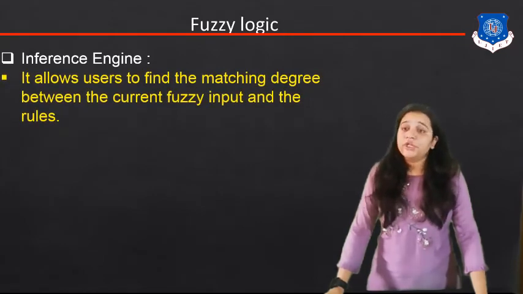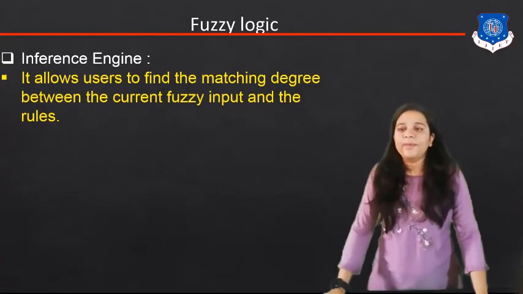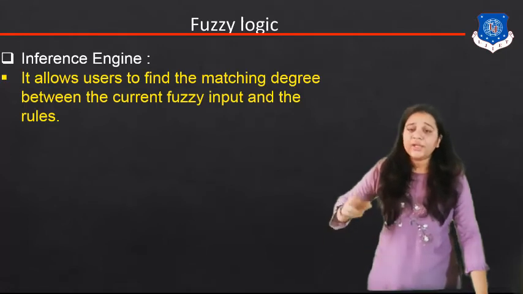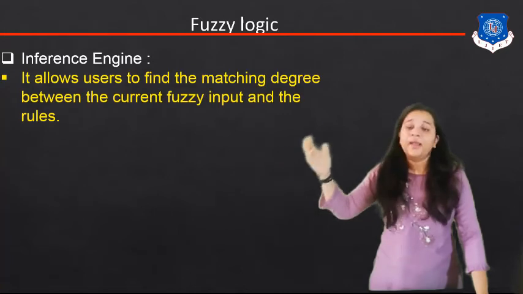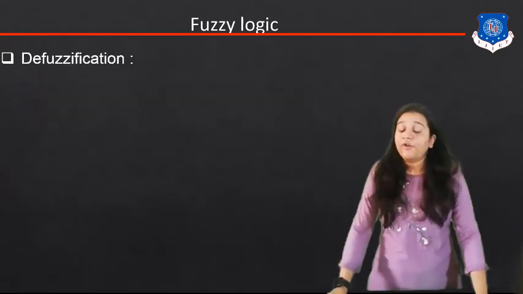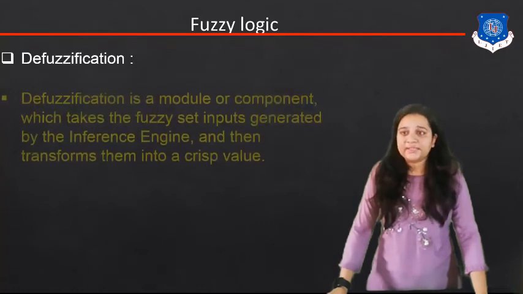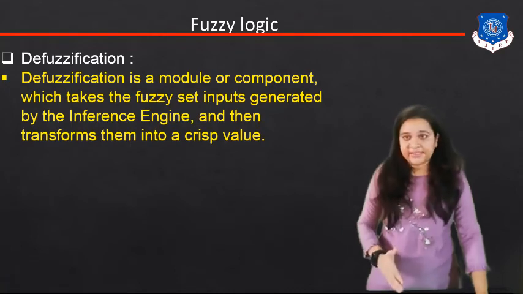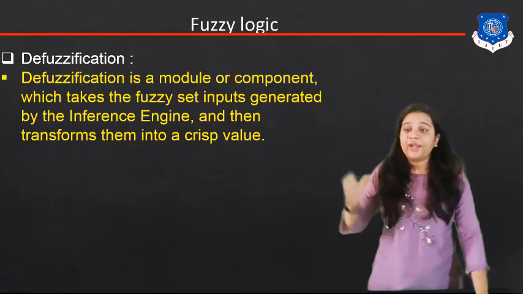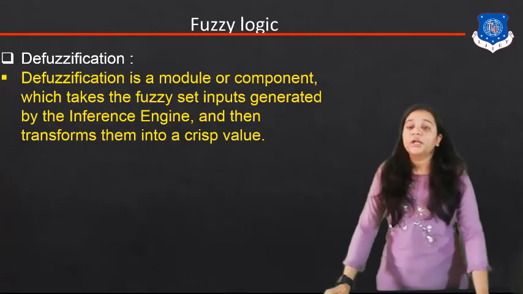It allows the user to find the matching degree between the current fuzzy input and the rule base. So it sits between the fuzzification and the defuzzification. Now what is the function of defuzzification? Defuzzification is a module or component which takes the fuzzy set inputs generated by the inference engine and transforms them into a crisp value.